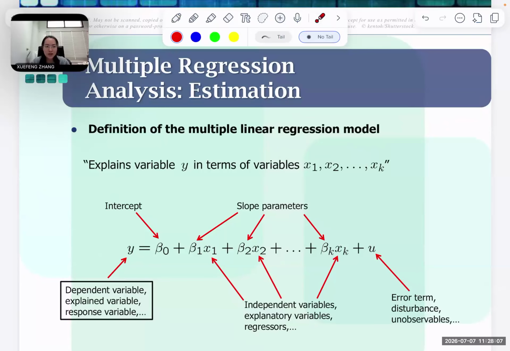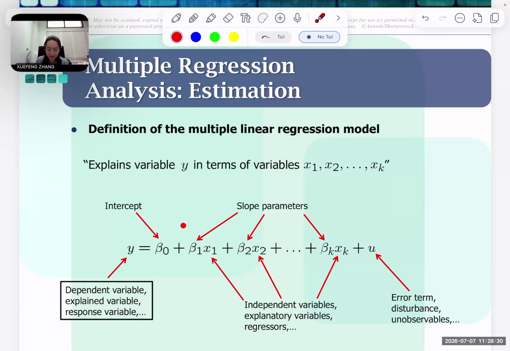The book's definition: this model explains variable y in terms of variables x1, x2, all the way through to xk. So in plain words, instead of one suspect, now we have many suspects trying to explain y.